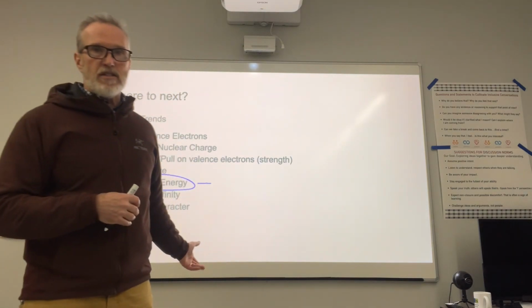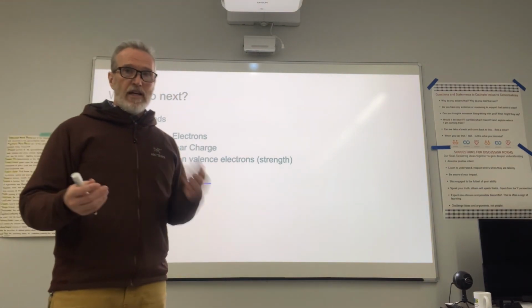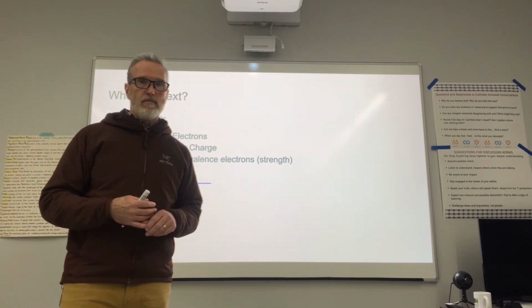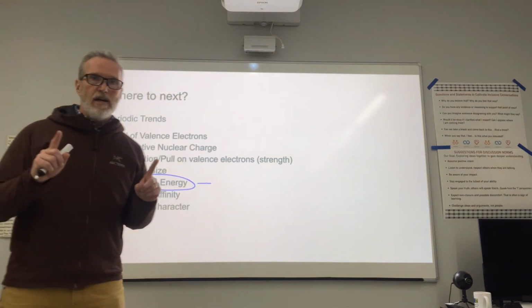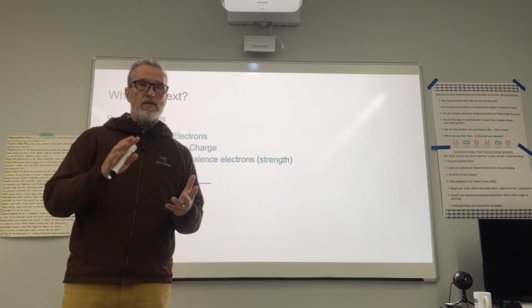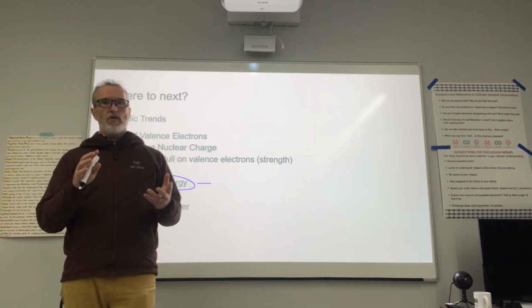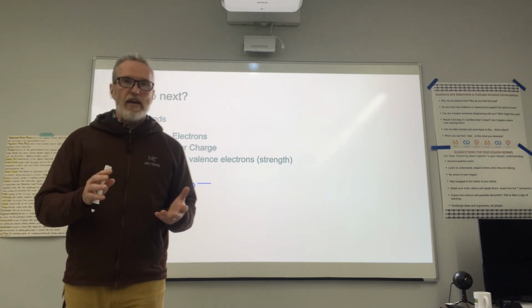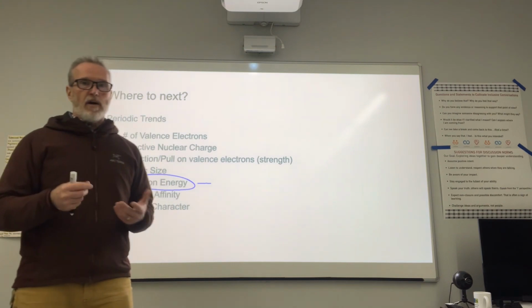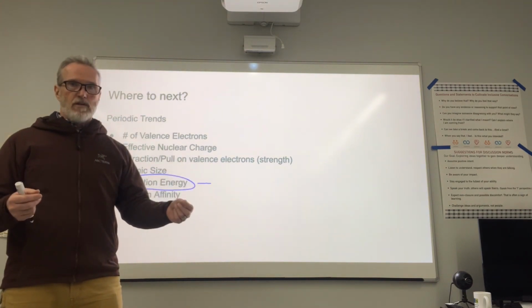Ionization energy is describing how difficult it is to remove an electron from an atom. All atoms pull on their electrons. So the question is, how much energy does it take to remove an electron from different atoms?